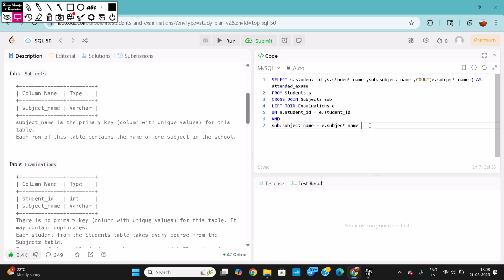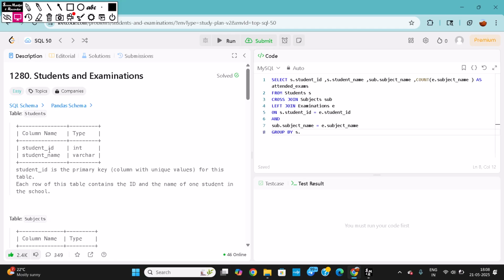Okay, after the join function, here they're asking us for the group by function, so we have to group by student ID, student name and the subject name. So first of all, I'm going to write that one. So let's write the group by function, group by s dot student ID. First of all, let's write the student ID, we'll go in order.